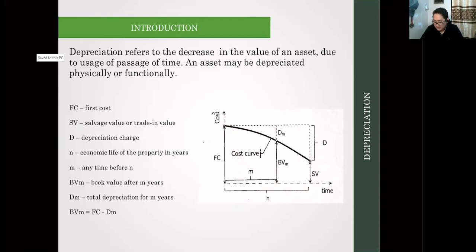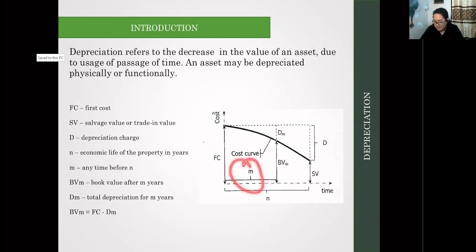Yung D natin dito sa curve na to, yun yung depreciation charge natin. Ibig sabihin yung difference between sa first cost na binili natin tsaka yung sa salvage value na pwede siyang ibenta. Okay? And then yung CN is yung economic life natin ng property. CM is anytime before N. So halimbawa, we want to identify what will be the value of our property after M years, no?